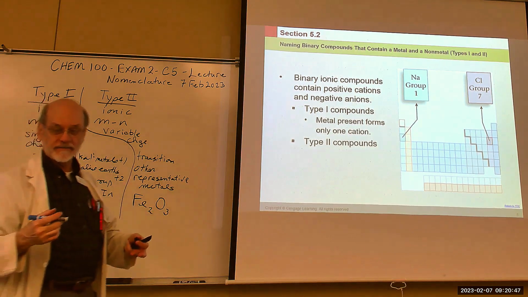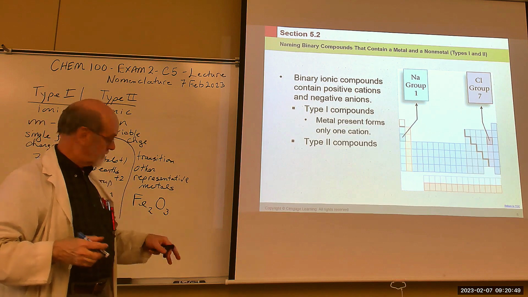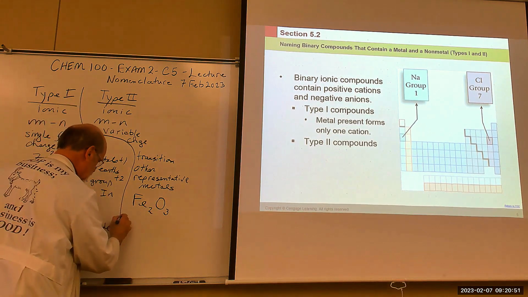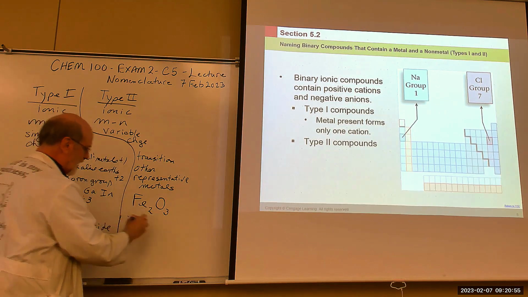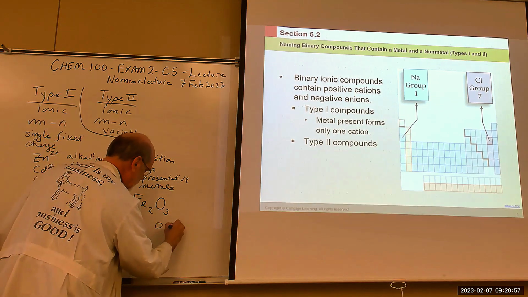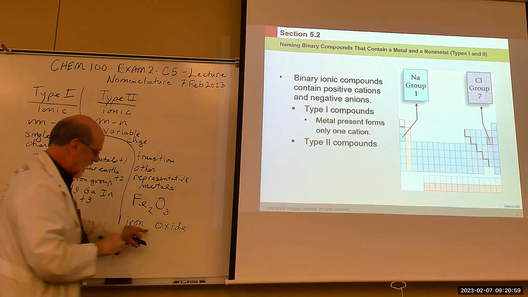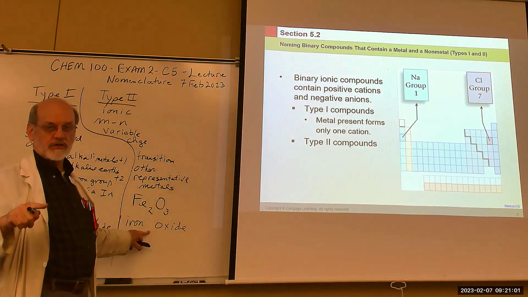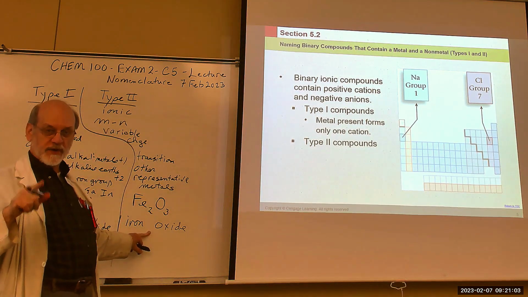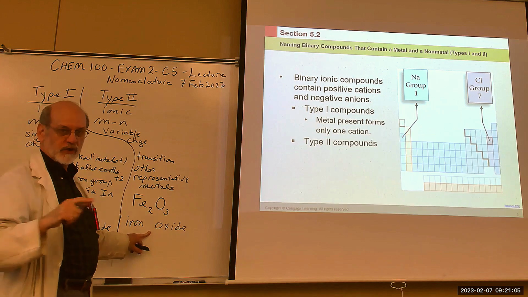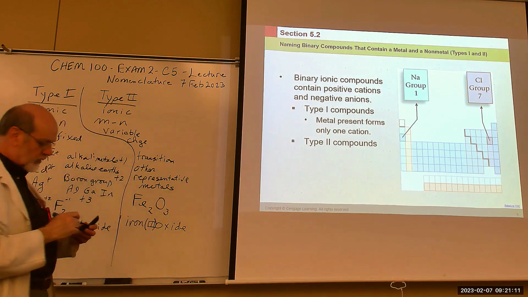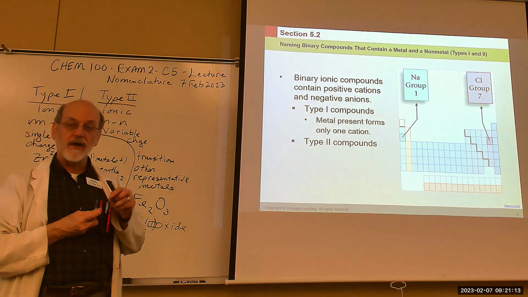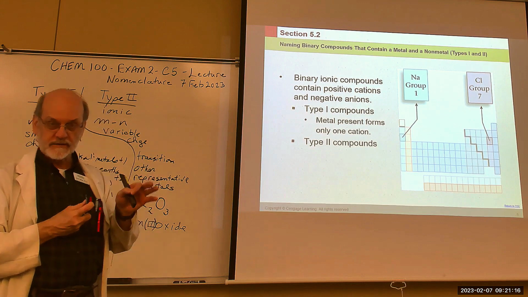So there's our formula for this compound of iron and oxygen. Now, how do we name it? Well, we still say iron, just like before, and we say oxide. But now we have to say, what is the charge on the iron? And to do that, we use parentheses and Roman numerals. 1, 2, 3. That Roman numeral 3 says the charge on iron is 3 pluses.